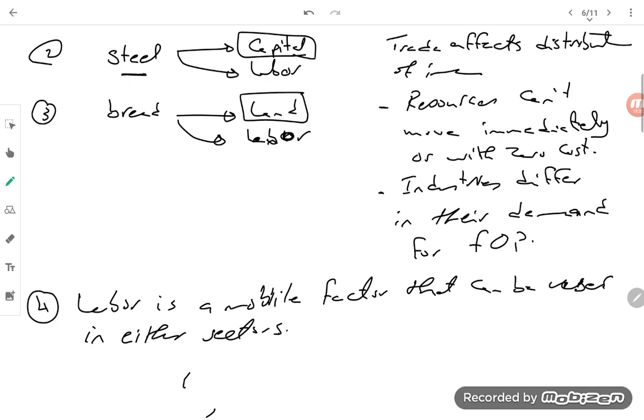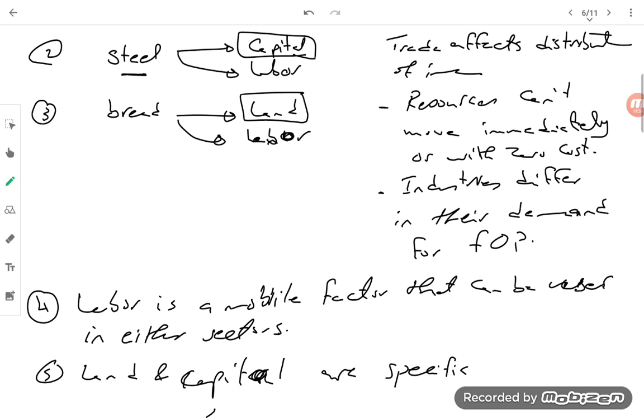Number five, land and capital are both specific factors. And finally, assumption number six, perfect competition prevails in both markets.